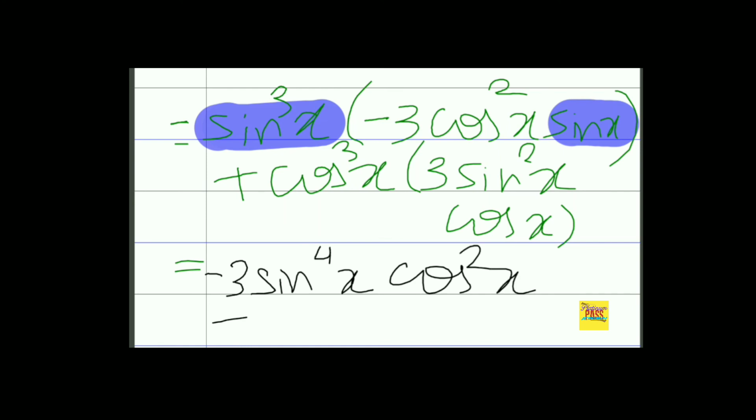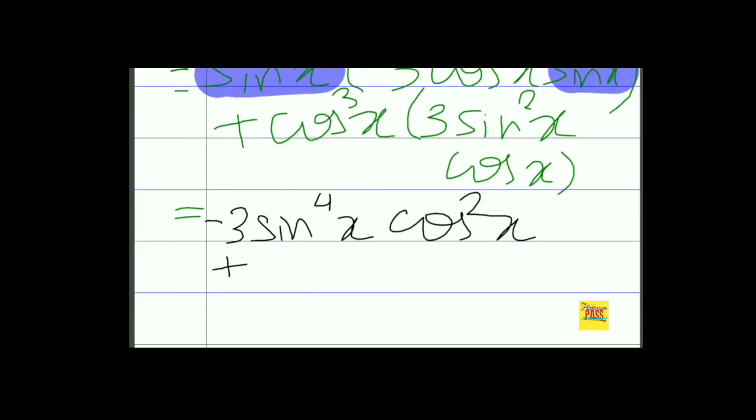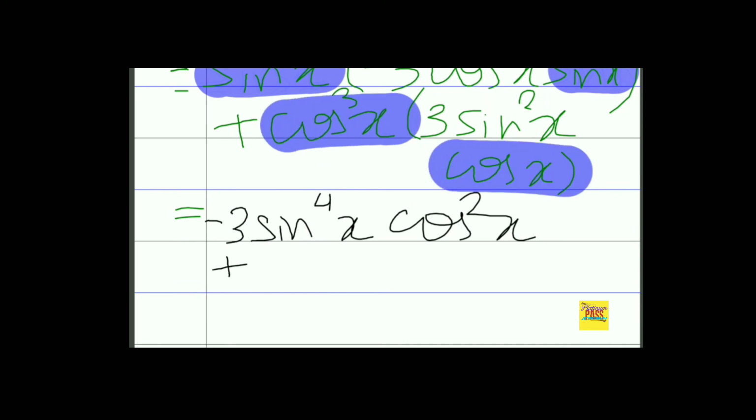Then plus, here cos cube x and cos x are the same function, so these two get multiplied and the power increases: 3 cos 4x sin square x.